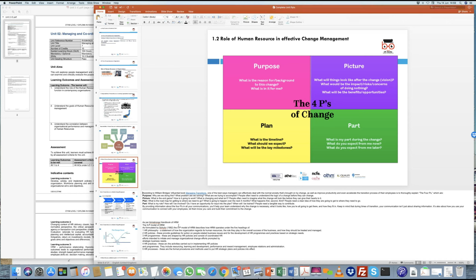They will look at things like what are the policies and procedures which will help people adapt to that change. And then at some stage, they'll put some processes and policies in place which will help people move on that change, or kind of move from an A position to a B position. And that is looked at from a point of view of this particular model of 4P of HRM. Is that okay? Yes. Okay.